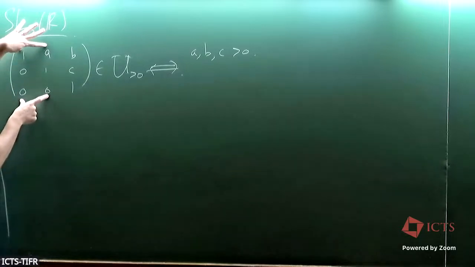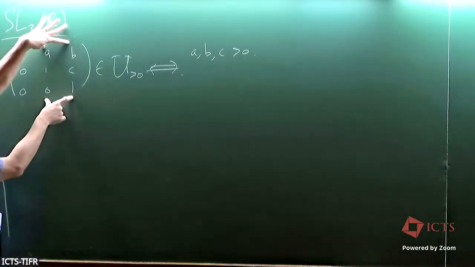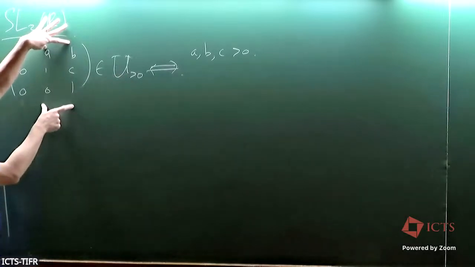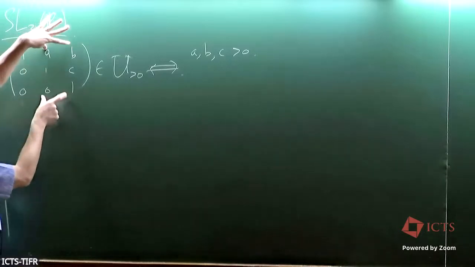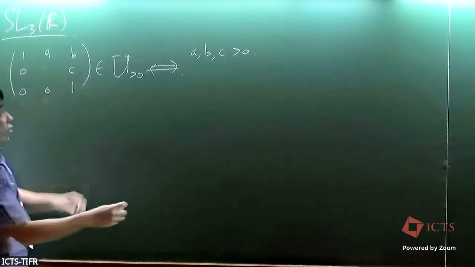The submatrix 1, A, 0, 0 is also forced to be 0 by being upper triangular. Here you have A, B, 0, 1. That is not forced to be 0, but that minor is just A, which I've already said has to be positive. Then 1, C, 0, 1 has determinant 1. Now I have A, B, 1, C, whose determinant is AC minus B. This has to be positive.